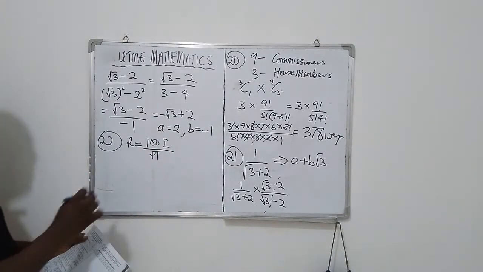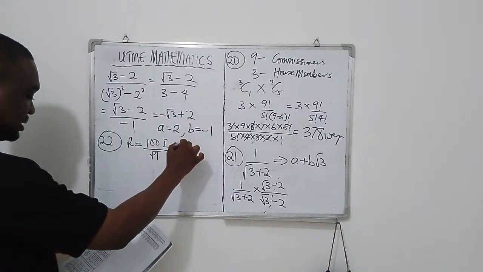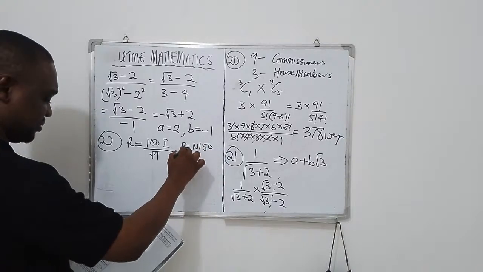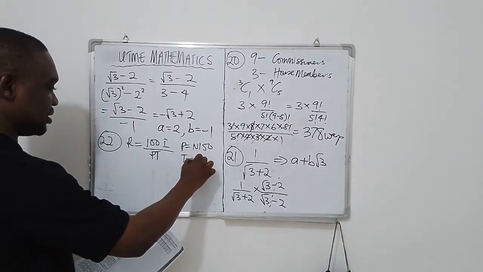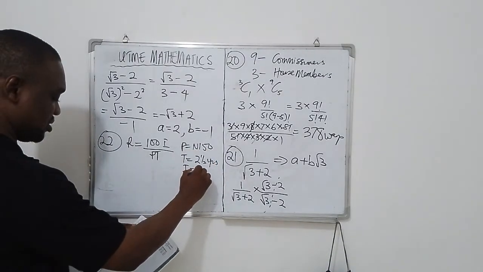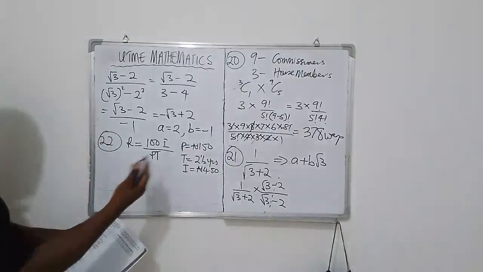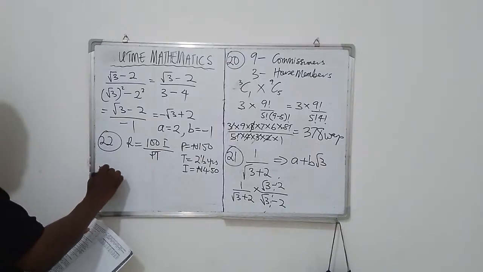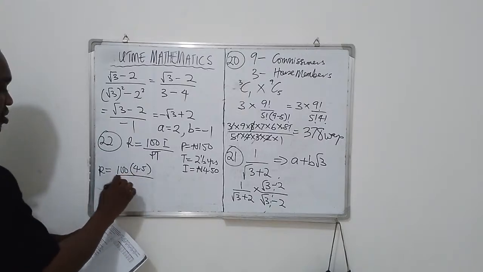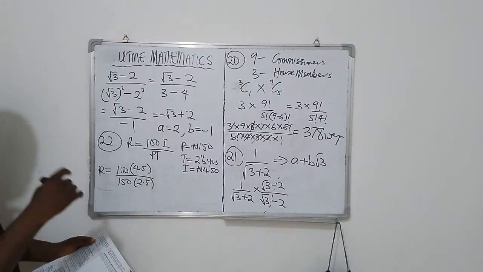We were told from the first part of the question that our principal is 150 naira, our time is 2.5 years, and our interest was 4 naira 50 kobo. So let's put all that here: R will be 100 bracket 4.5 over 150 bracket, let's use 2.5.